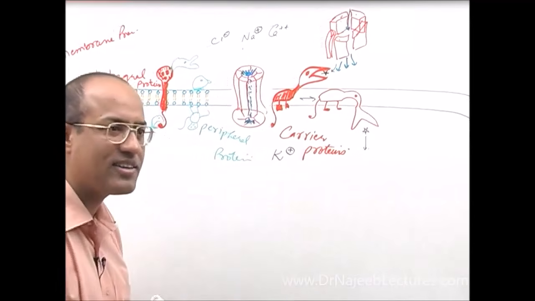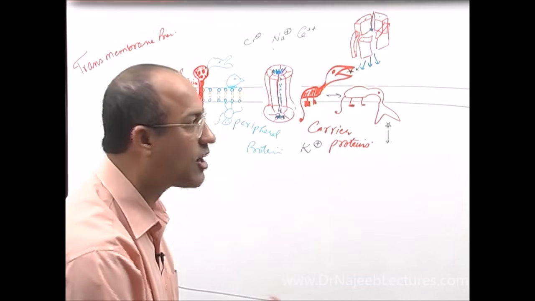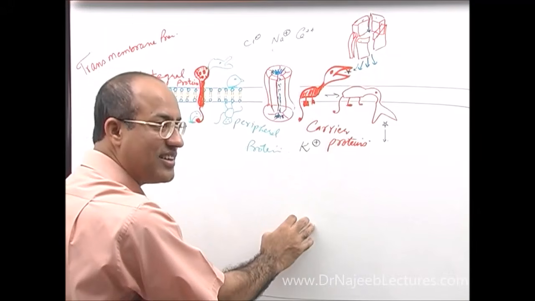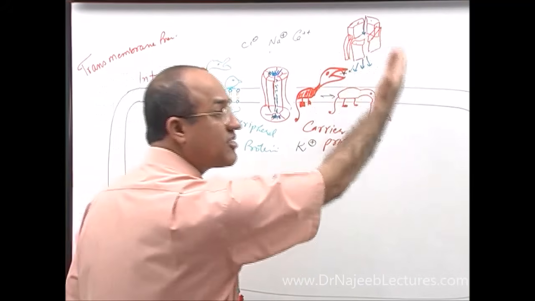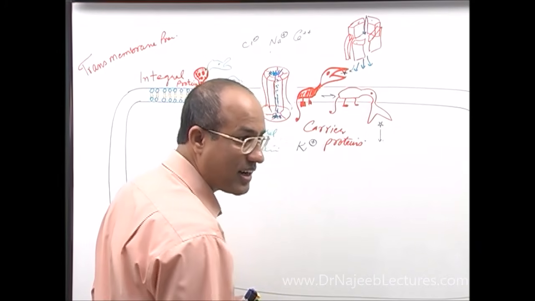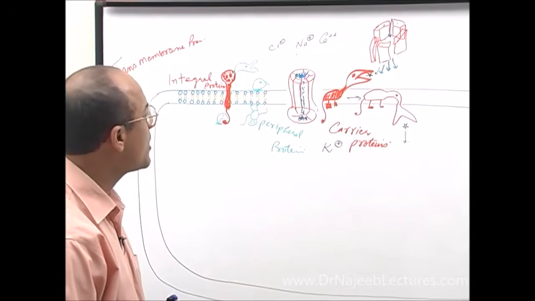You understand why these proteins must be present in the membrane? Because the cell has to take a lot of substances inside, or whatever it has synthesized, it may need to release them out. Is that right? So these are carriers, carrier proteins, right?